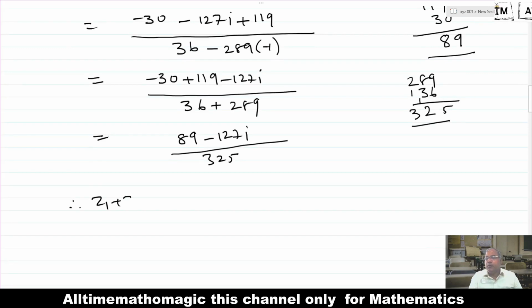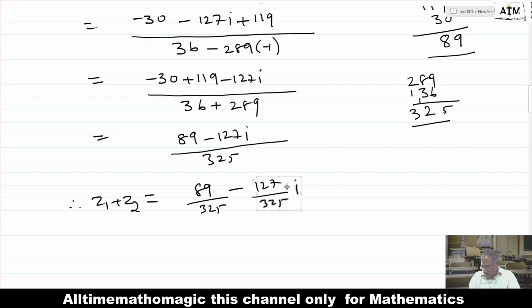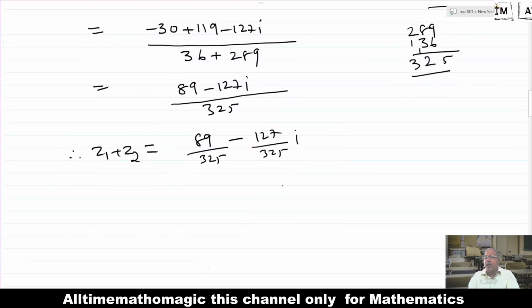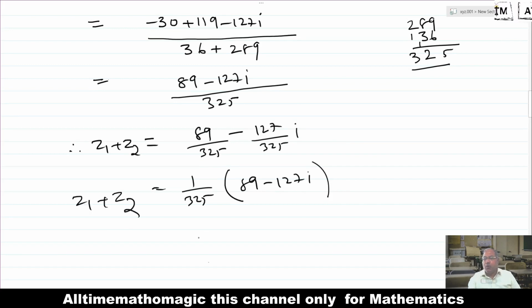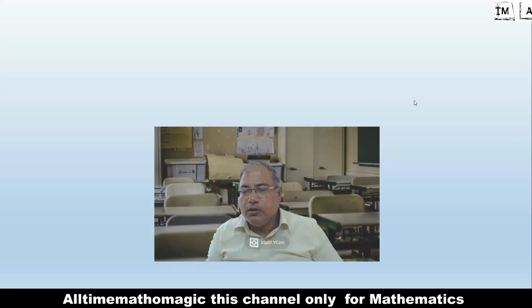Therefore, Z1 plus Z2 can be written as 89 upon 325 minus 127 upon 325 i, which can also be written as 1 upon 325 times (89 minus 127i). This is the way we can find the addition of two complex numbers.